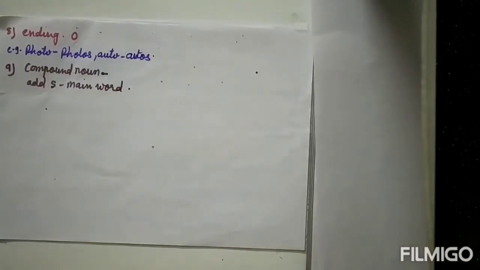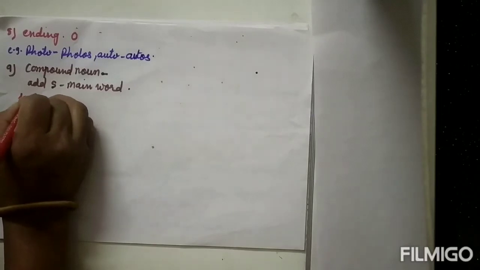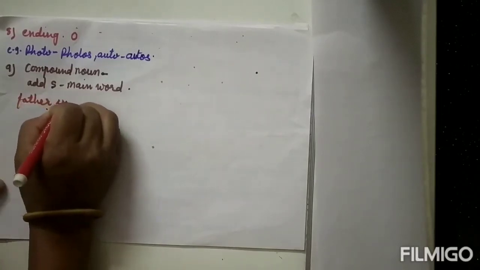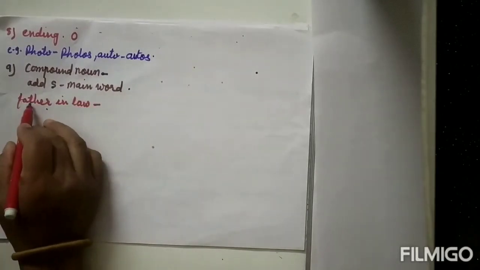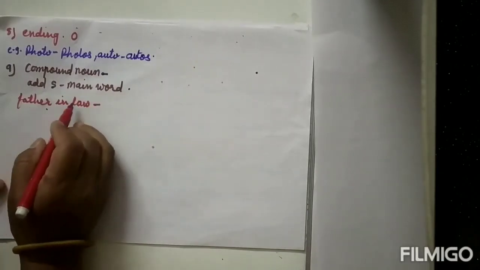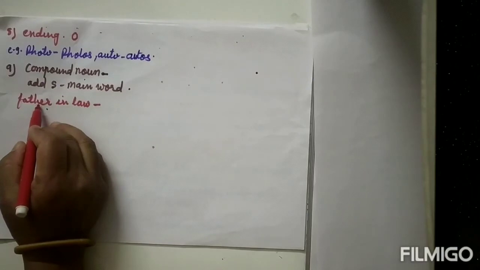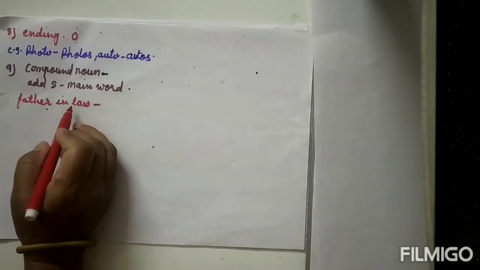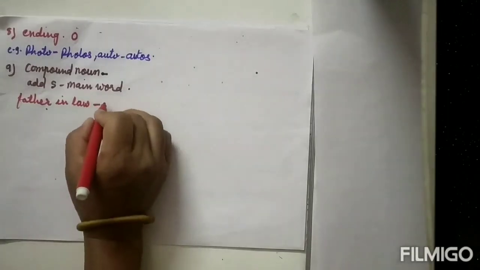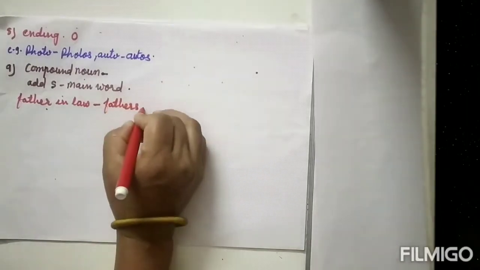For example, father-in-law. Here 3 words are given. How to form the plural form here? Which is the main word over here? Father. So here we are going to write fathers-in-law.